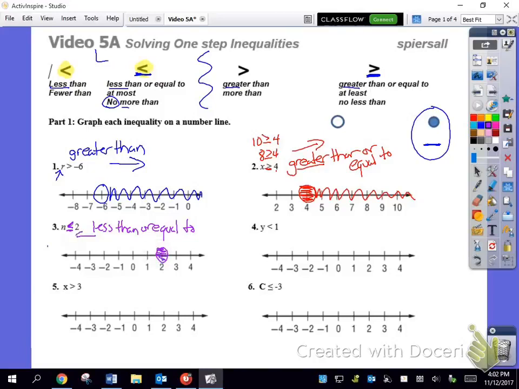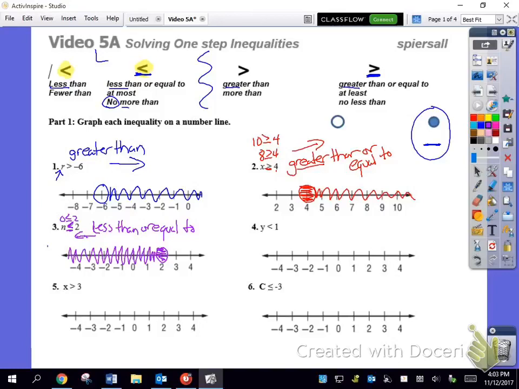Less means I go left. So the hand that makes an L is on the left side of your body, so you go left. So I shade everything to the left. I could pick any number from this side. I could say 0. 0 is less than or equal to 2. That's a true statement. Anything on the left side would make that true.